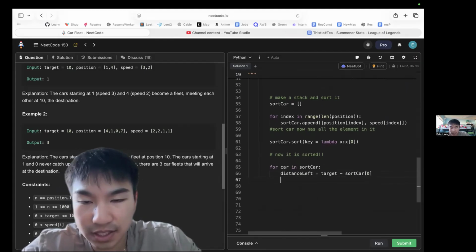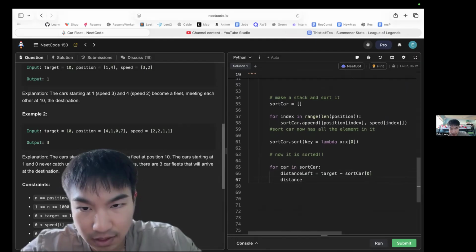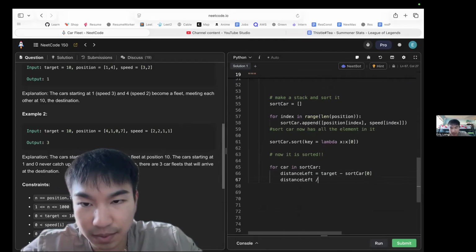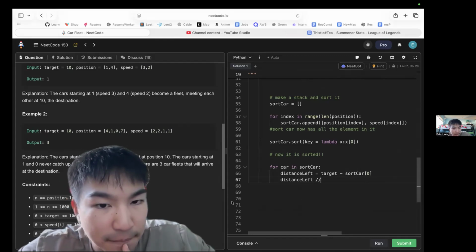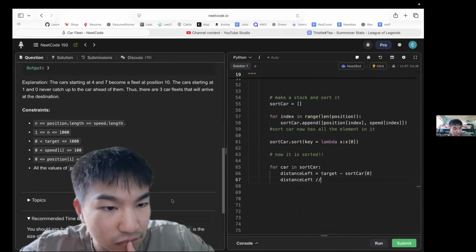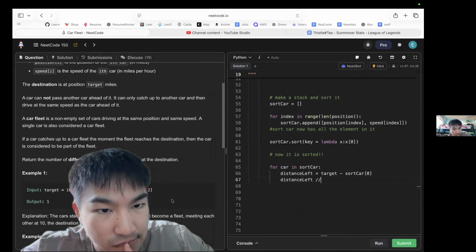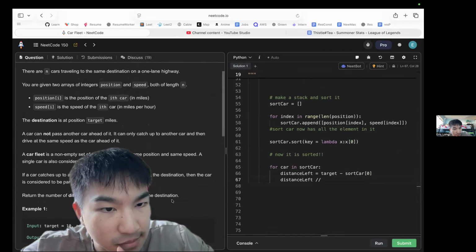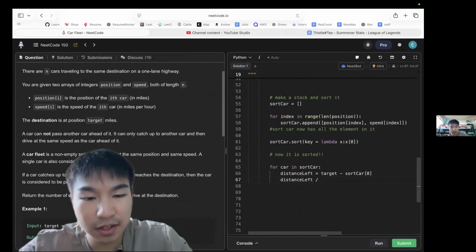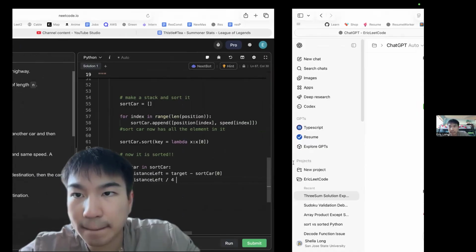And now distance left is divided by, let's do double divide, right? Shouldn't it not matter? I just do single divide.